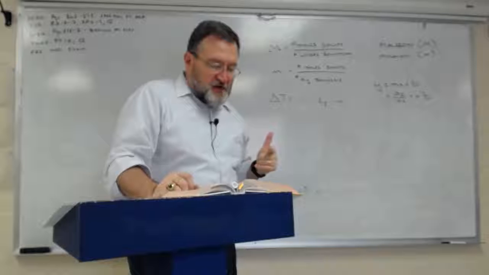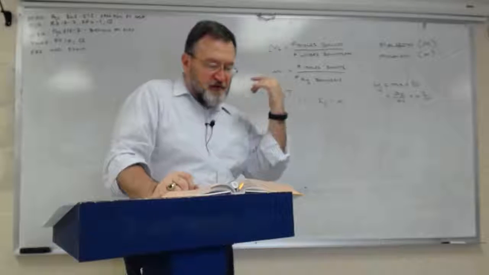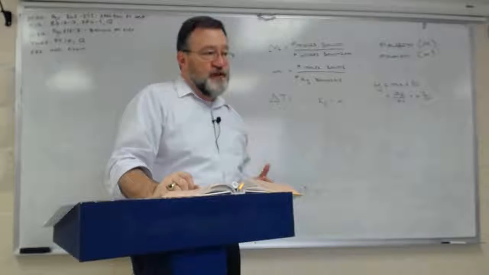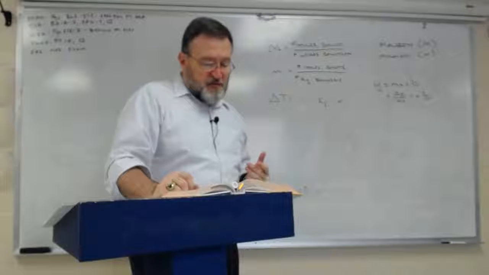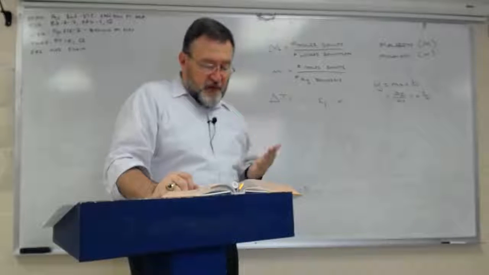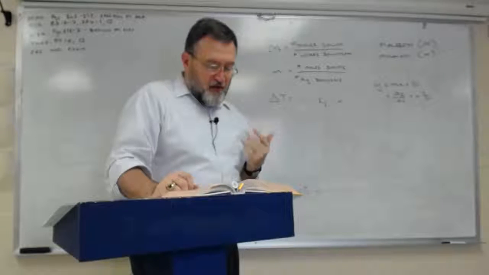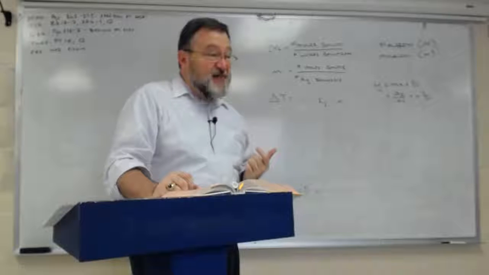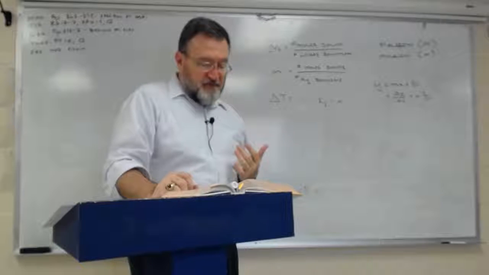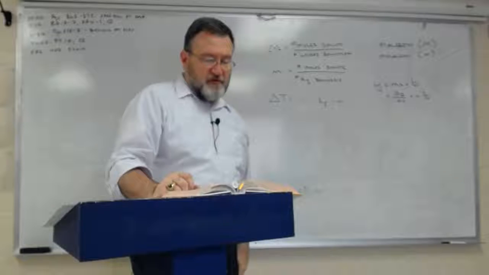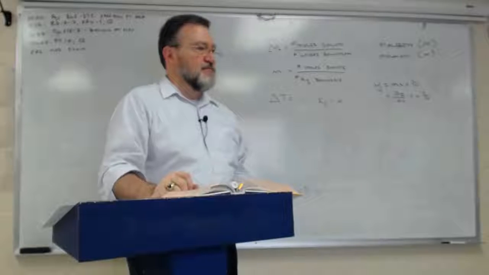You notice on your owns, they give you a K sub F. On the top one, the solvent is water, so they give you 1.86 degrees Celsius per molality. On 10.8, the solvent is acetic acid, and so your K sub F there for acetic acid is 3.90 degrees Celsius per molality.